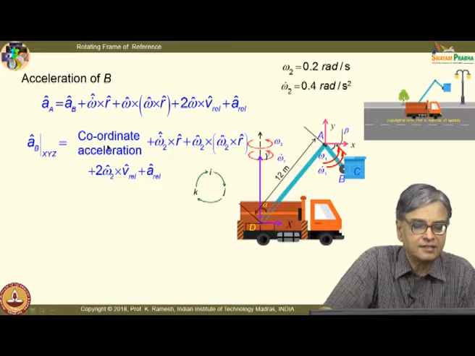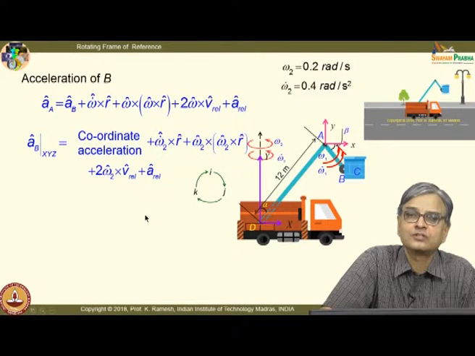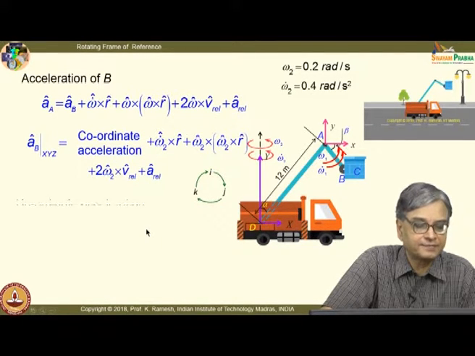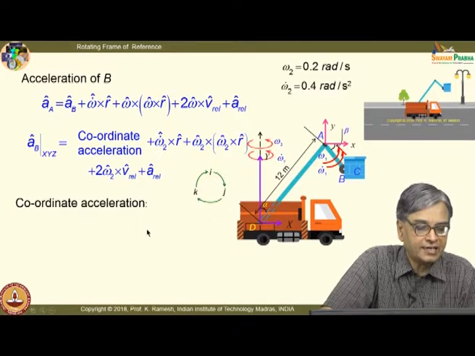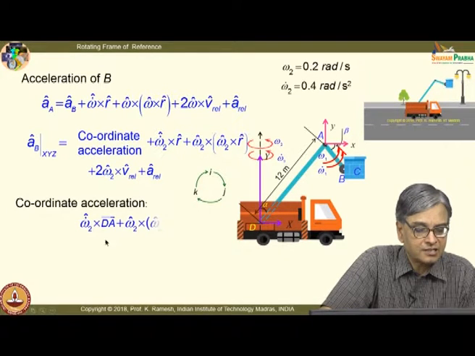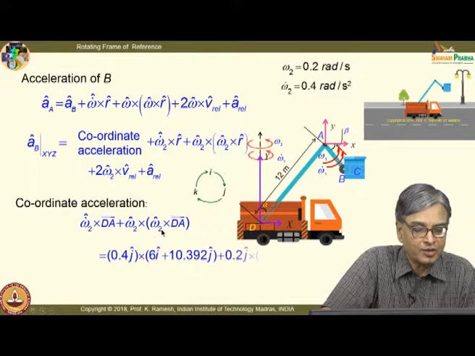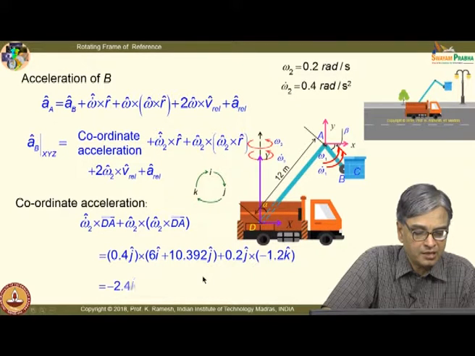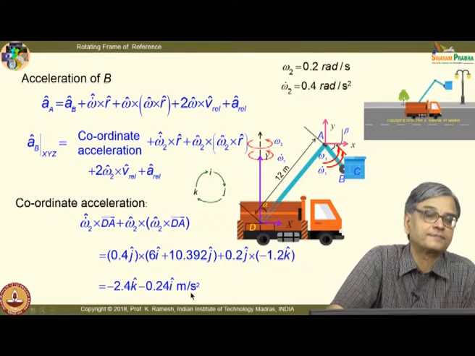Here again simply substitute the values, you get the final expression. So, the coordinate acceleration is omega 2 dot cross dA plus omega 2 cross omega 2 cross dA, and that simplifies to minus 2.4 k minus 0.24 I meters per second square.